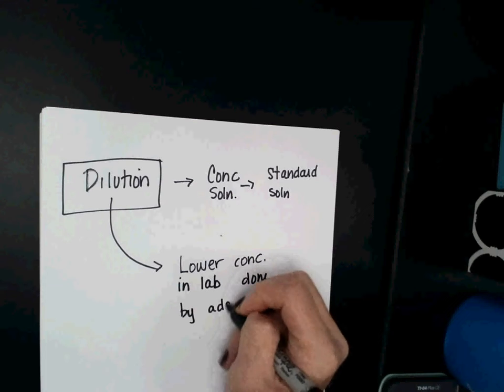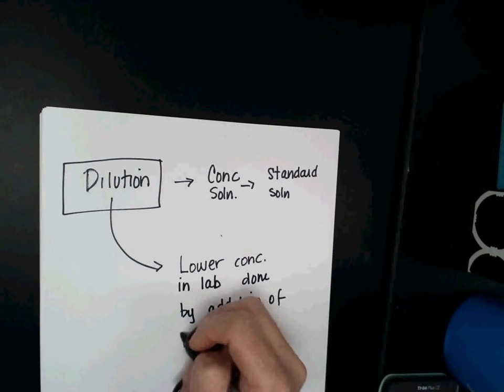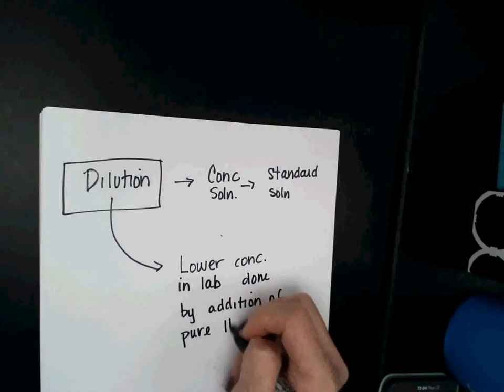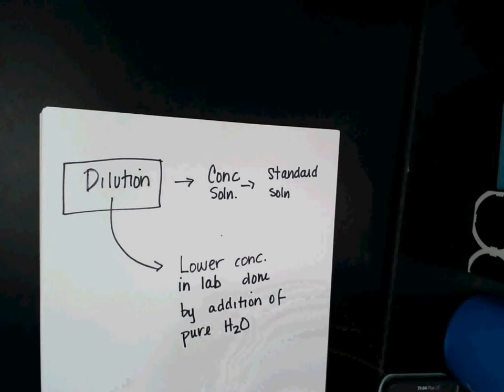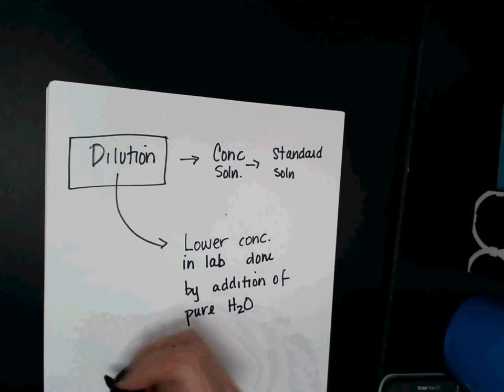And it's just done by the addition of pure or deionized water. It's very easy math. The math is easy. The process of doing it is a little more difficult. Not doing the math, but doing the dilution.